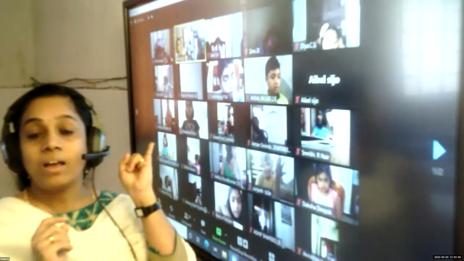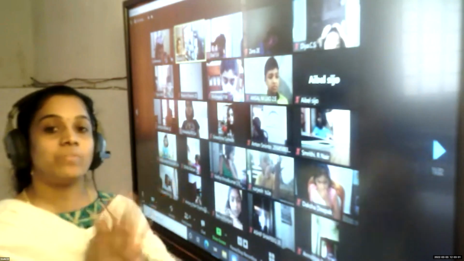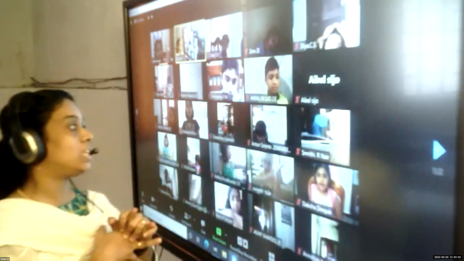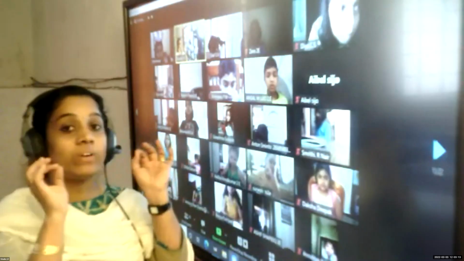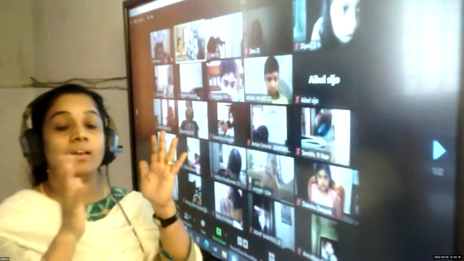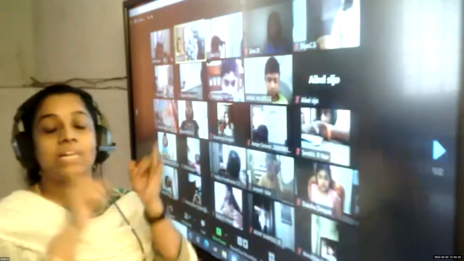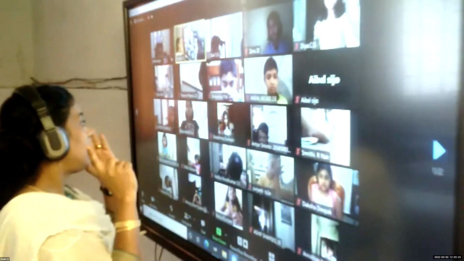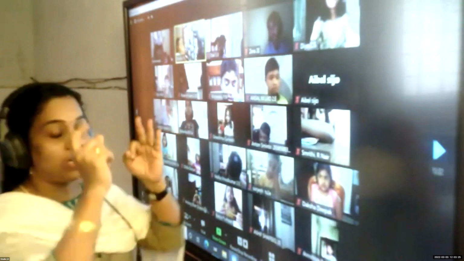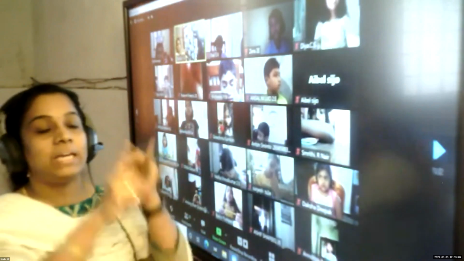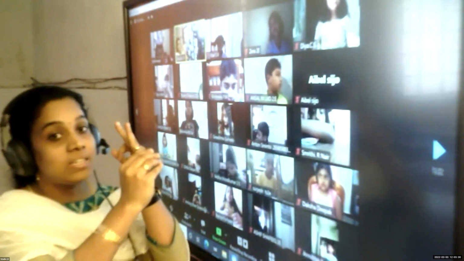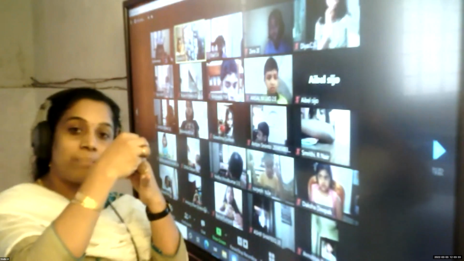For measuring the length of anything, what units will we use? Meter, centimeter, kilometer. Yes. If you see the word length, you have to remember the units for measuring length are centimeter, meter, kilometer. Centimeter is the smallest unit. Meter is in between.